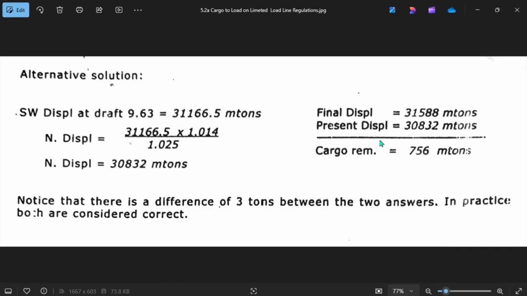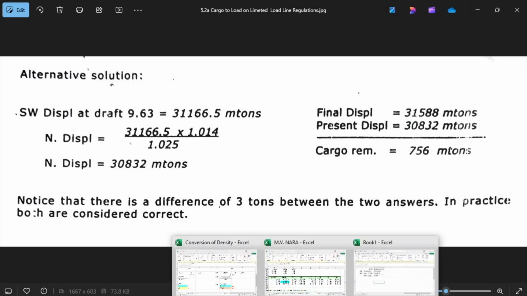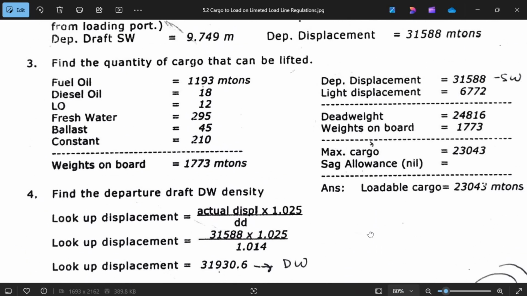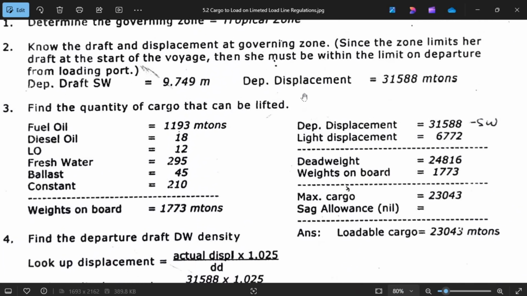This is your displacement at draft of 9.63, and your final displacement in salt water is 31588. 31588 is this one, guys. Displacement in salt water at a draft of 9.749.